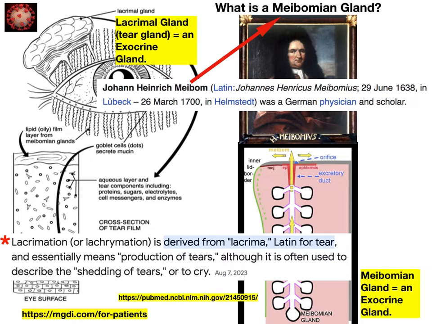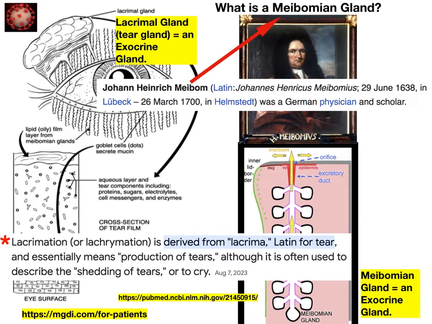Where does the term lacrimal come from? Lacrimation is derived from lacrima, which is Latin for tear, and essentially means production of tears, although it is often used to describe the shedding of tears or to cry. Lacrimation refers to the process, the physiological action of the lacrimal gland.